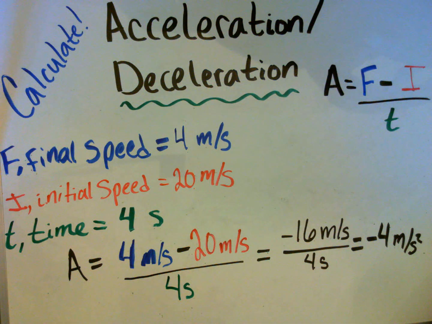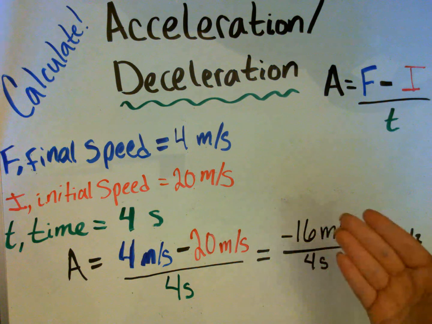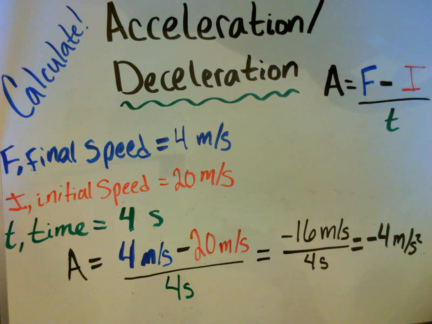If so, great job. If not, great job to you too for trying, because remember, we're learning and growing together, so practice makes everything so much easier. So keep practicing, and if you have to, write a few examples for yourself just to try your own math skills at calculating acceleration and deceleration.